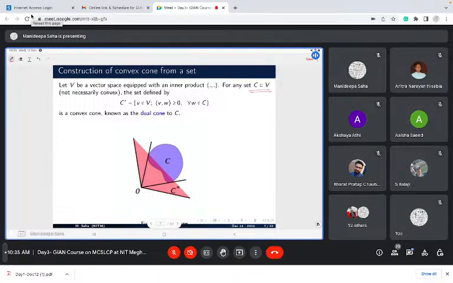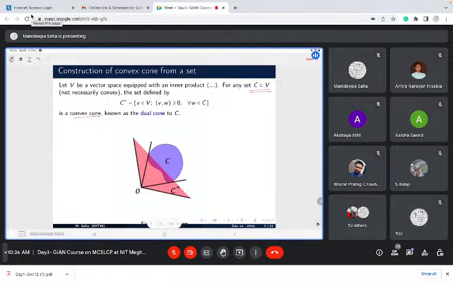Then we define C star as the collection of all elements v in V such that the inner product of v and w is greater than or equal to 0 for all w in C. Then we can say that this is the dual cone, and that it is a convex cone. One can easily prove that it is a convex cone.